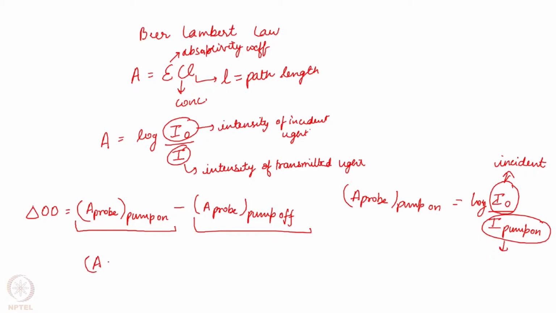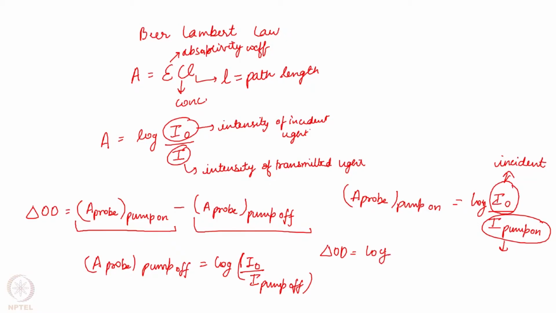And the absorbance of the probe when the pump is off can be written as log of I naught by I when the pump is off. In this way we can write delta OD as log of the intensity of the probe when the pump is off divided by the intensity of the probe when the pump is on. This is the final expression of delta OD, or delta A, which we have.